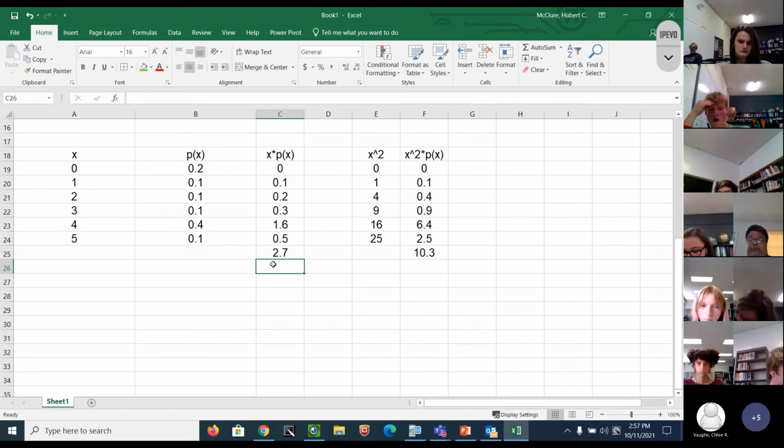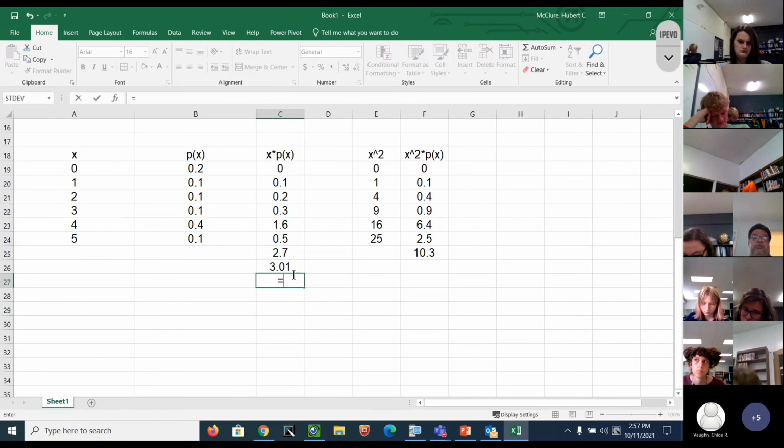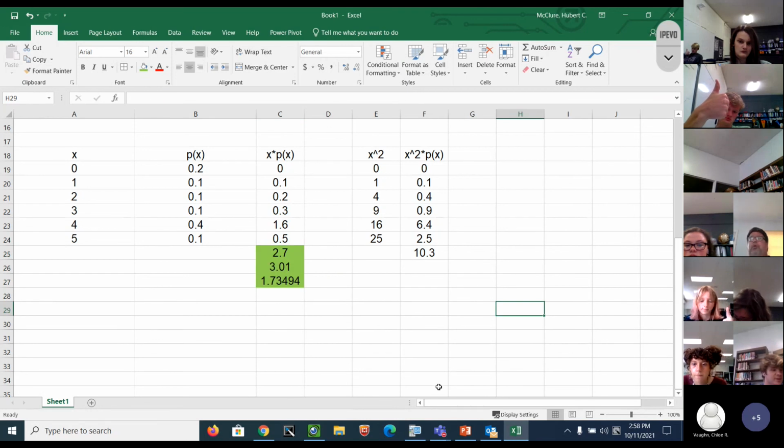And your variance is going to be equal to this minus this squared. And this is equal to 0.5. And y'all tell me, is that what y'all got for your mean, your variance, and your standard deviation? Good. That's all there is to it. That's how you do 6.1. Real simple stuff.